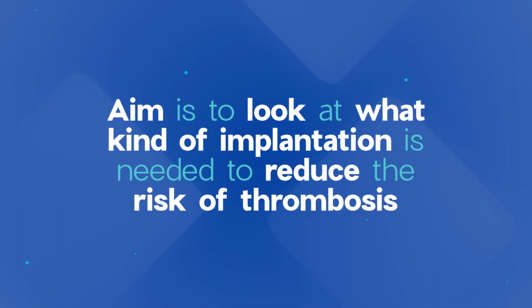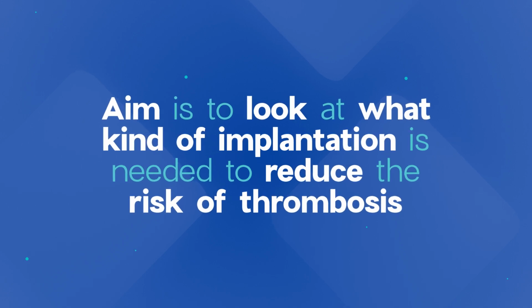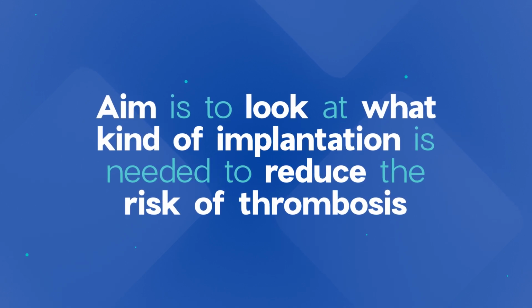And our aim is to look what kind of implantation, for example, is needed to reduce the risk of thrombosis, and what a device should look like to reduce thrombosis or even do not have the thrombosis.